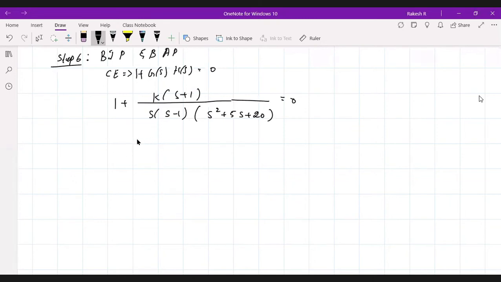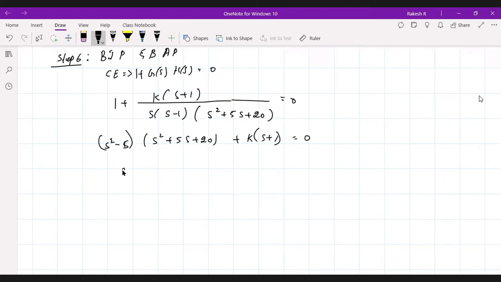So we shall solve this one. This becomes s square minus s into s square plus 5s plus 20, plus K into s plus 1, equals 0.